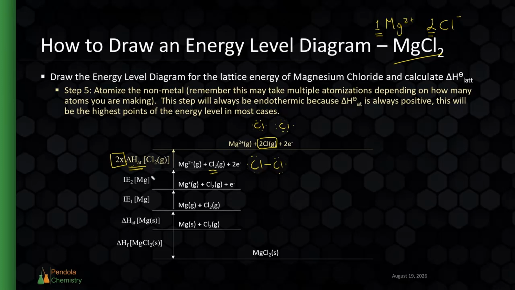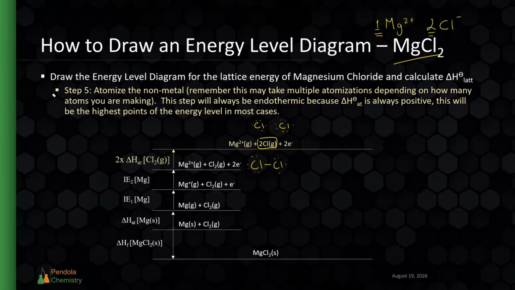Now, one thing I will tell you about enthalpy changes, now that we know this many, you have to be careful because enthalpy changes can have multiple names. For example, here we have 2 times the atomization of chlorine, delta H atomization of chlorine. There's actually another name that we could give this procedure.